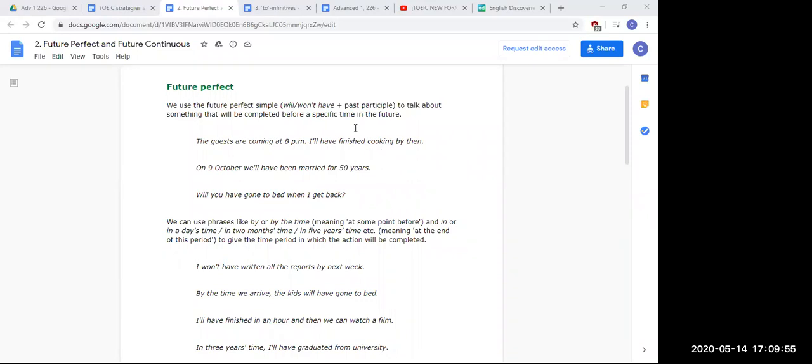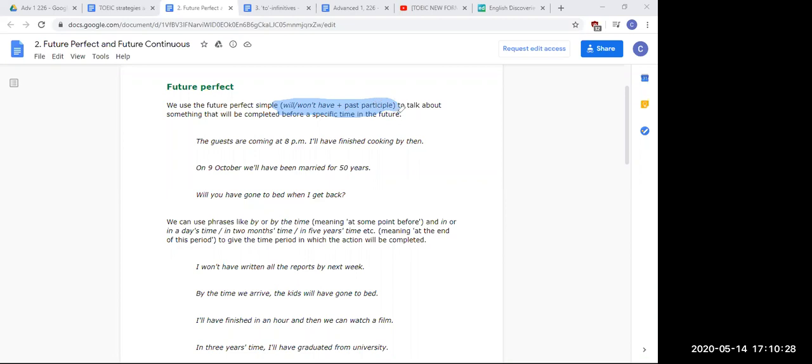To make the future perfect, we use will, have, and the past participle, or the negative won't have, and the past participle.